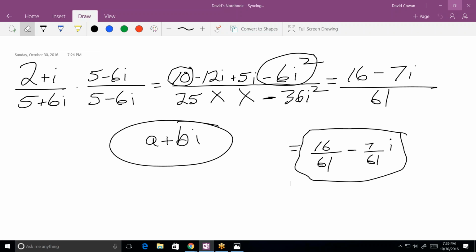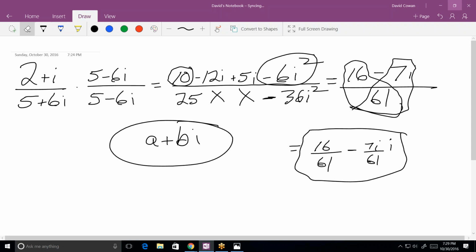If you have to turn it into the a plus bi format, just separate it into two fractions and then pull that coefficient out. When it's in a plus bi form, you wouldn't even want to put the i there. Notice what a small change I made.